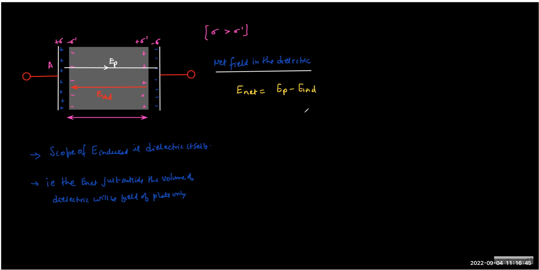Now we know that the net field is given by the formula: the field of the plate upon the dielectric constant. That comes from Coulomb's law, because if you remember, Coulomb's law in a dielectric, the formula was 1 by 4 pi epsilon naught epsilon R. And I have proved this in the previous lecture, in dipole.